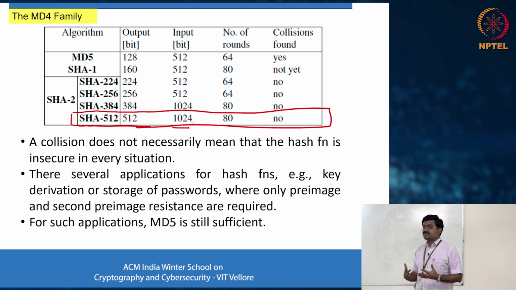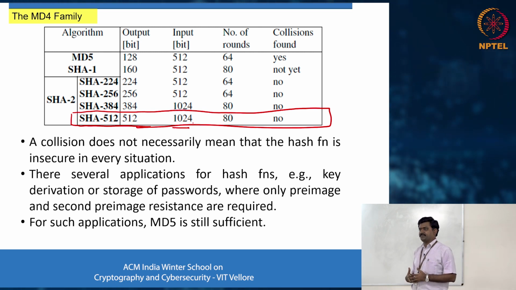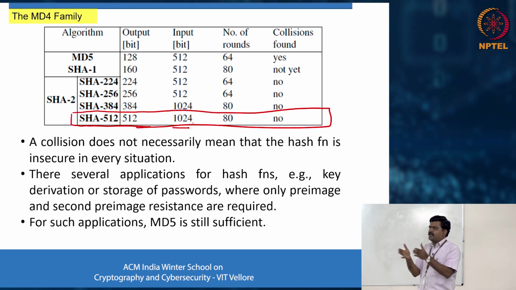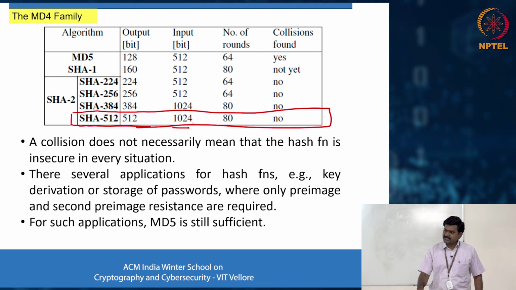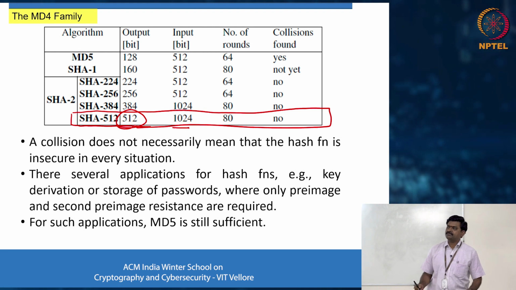Block size is 1024. So that means typically the SHA algorithm works like a block cipher, right? So take the plain text, divide it into multiple blocks, block size is 1024. What is the digest size? Digest size is 512 bit.